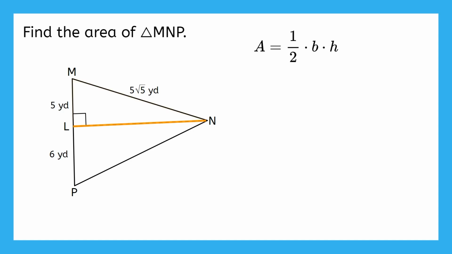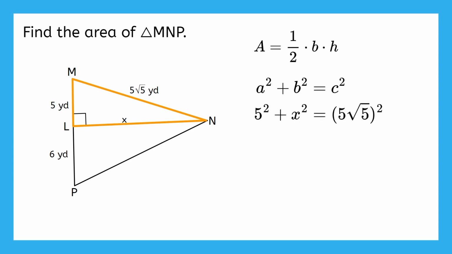Well, we have a right triangle with two known side lengths. Oh, we can use the Pythagorean theorem to solve for the unknown here. Pause the video now and use the Pythagorean theorem to solve for the length of LN. Did you fill in 5 and our unknown length for A and B, and then 5√5 for C?